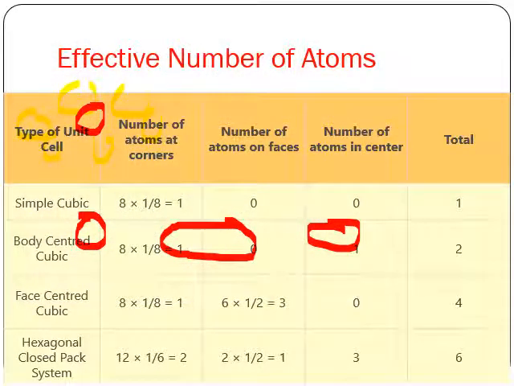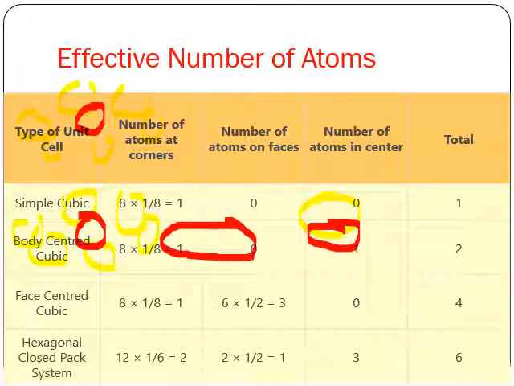So 12 corner atoms are shared by 6 unit cells, so 12 into 1 by 6. Here 6 and there are 6 more atoms at the bottom. So 12 into 1 by 6, and you are going to get 2 atoms.